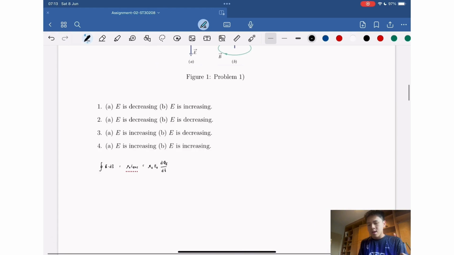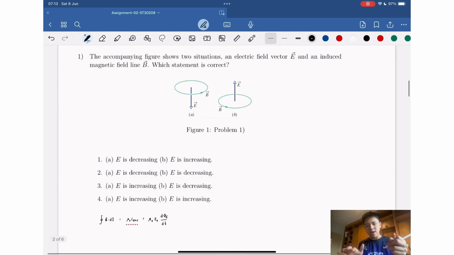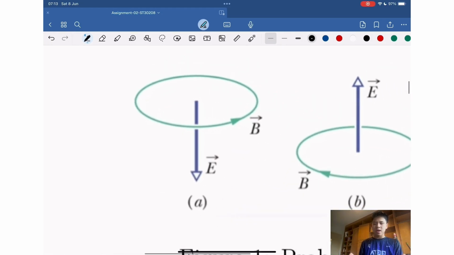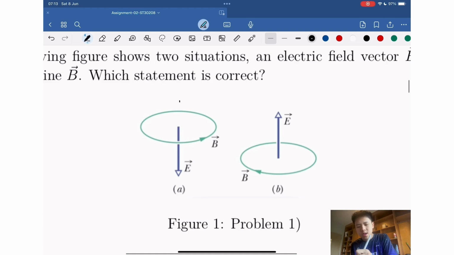First of all, let me look at figure A. From the right hand rule, if B is counterclockwise, the direction of I, the current, will point upward. So we know that the direction of I will be upward.